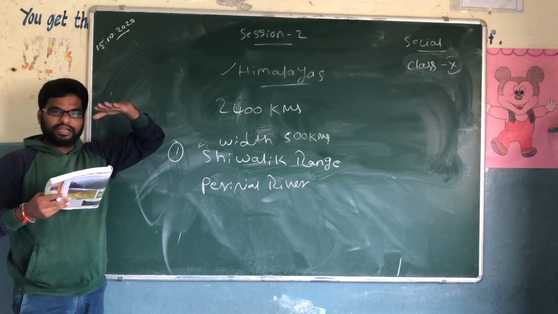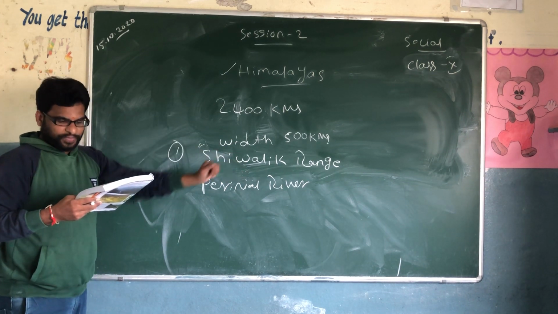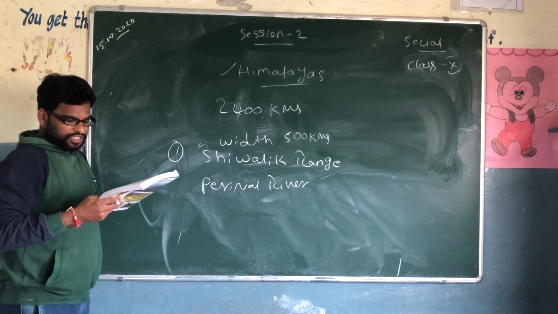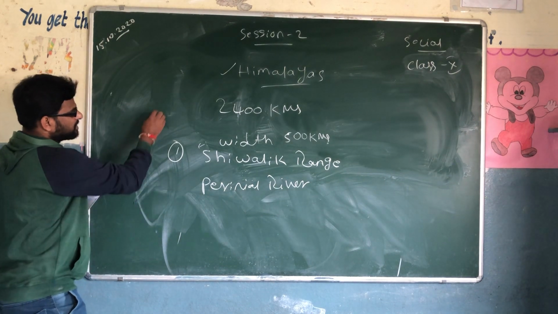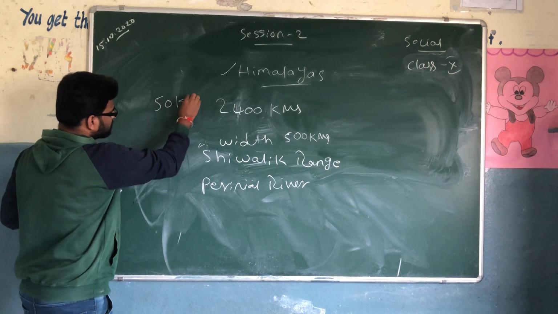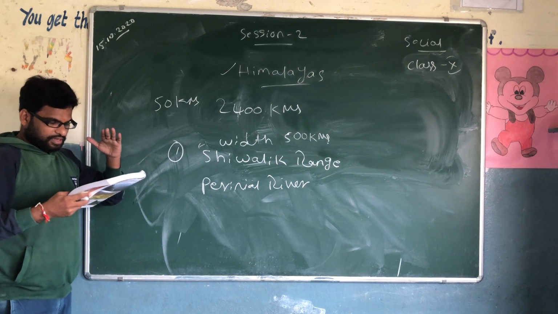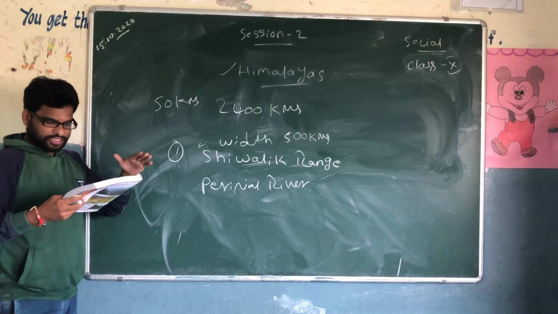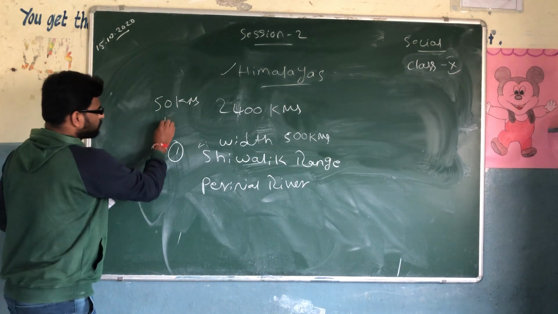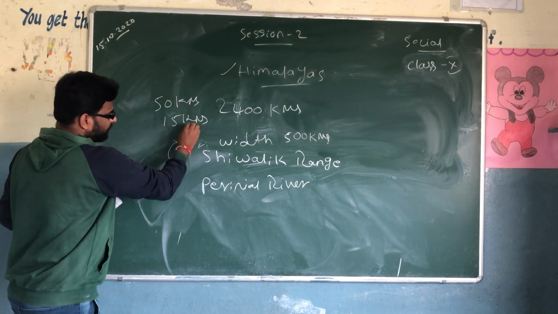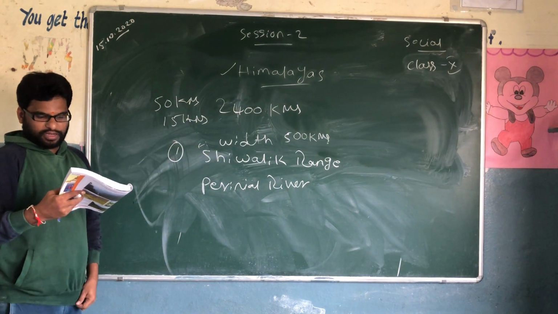The width of the Shivaliks varies from 50 km in Himachal Pradesh to less than 15 km in Arunachal Pradesh.